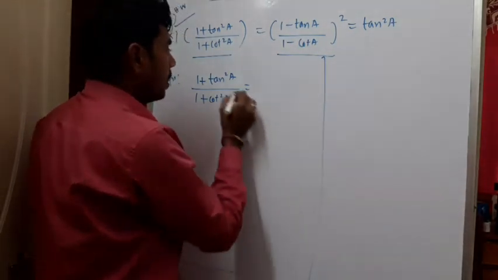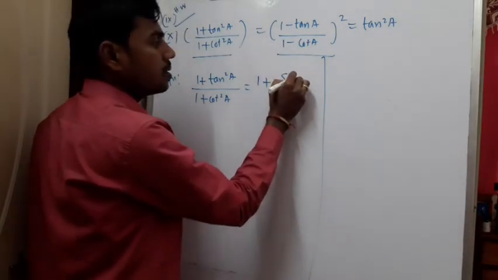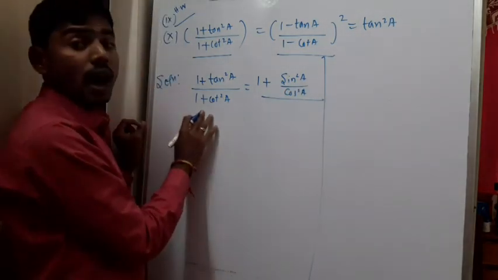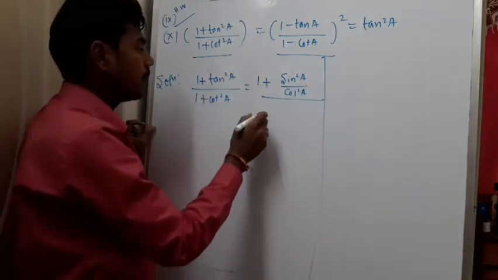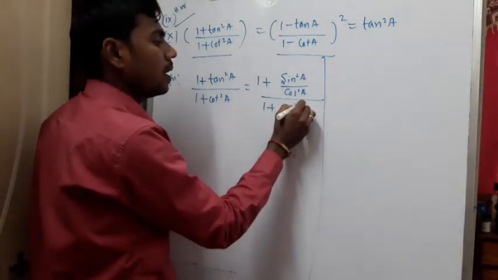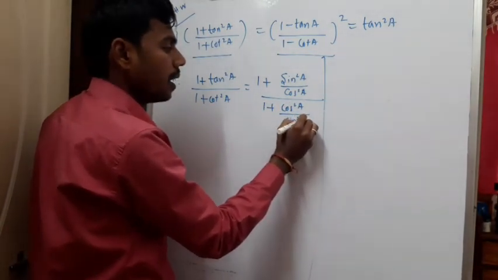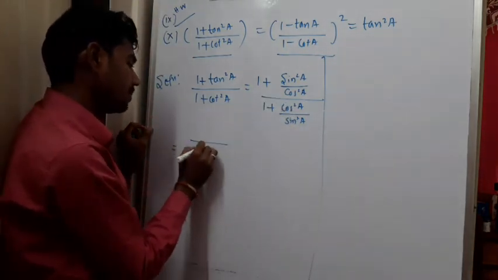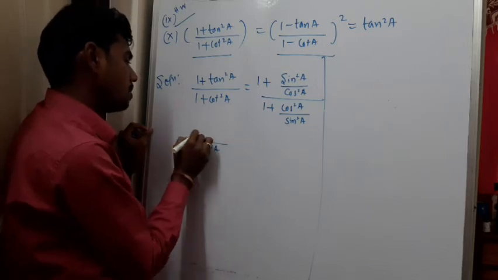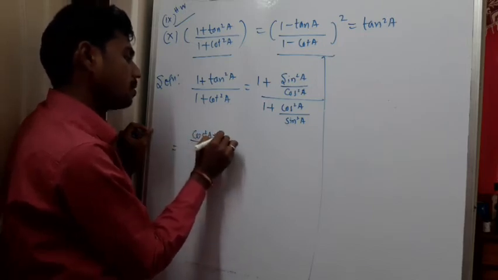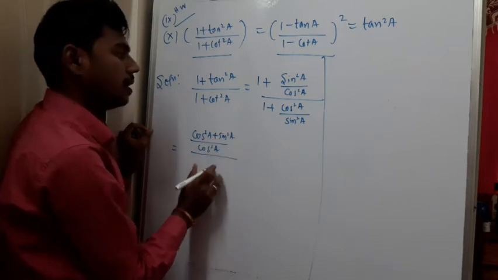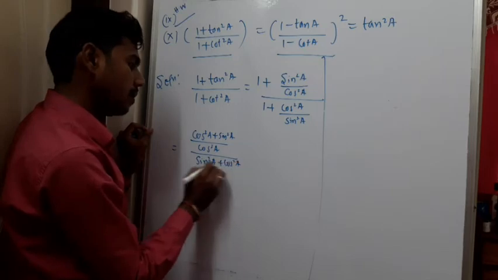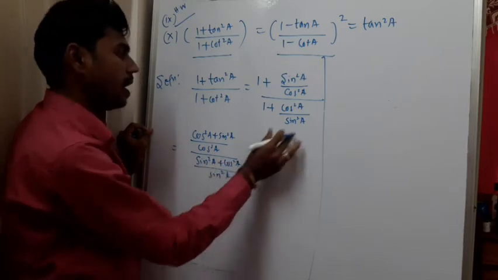So what can we write? 1 plus tan square A can be written as sin square A plus cos square A divided by cos square A, and 1 plus cot square A can be written as sin square A plus cos square A divided by sin square A. So cos square A is the LCM in the numerator and sin square A is the LCM in the denominator.